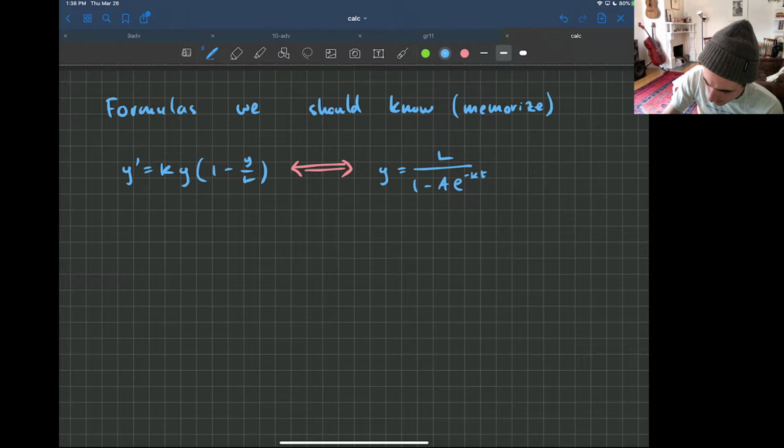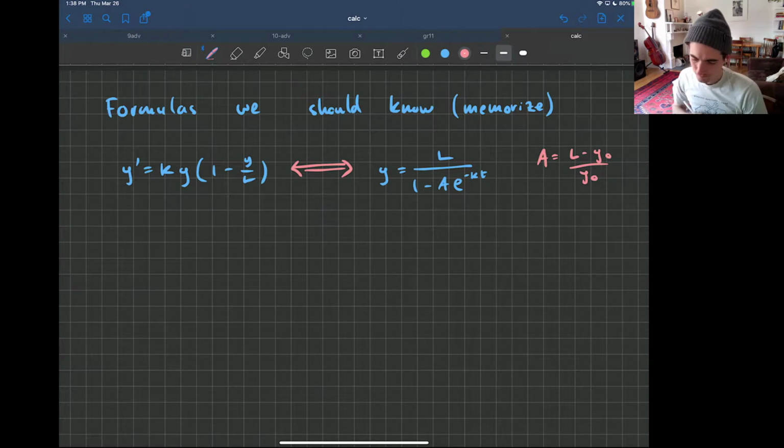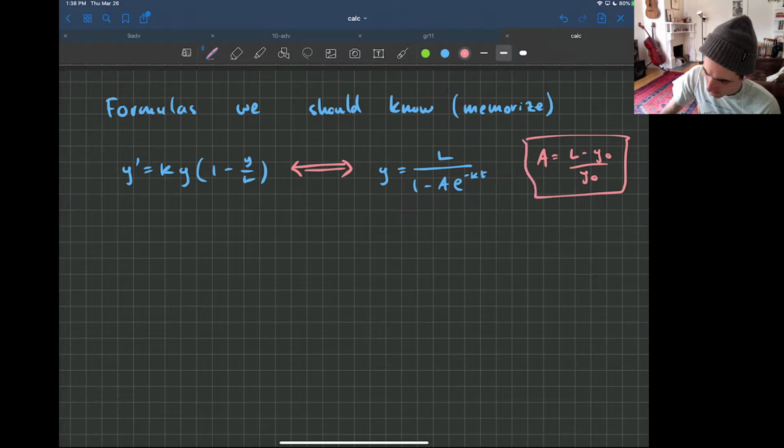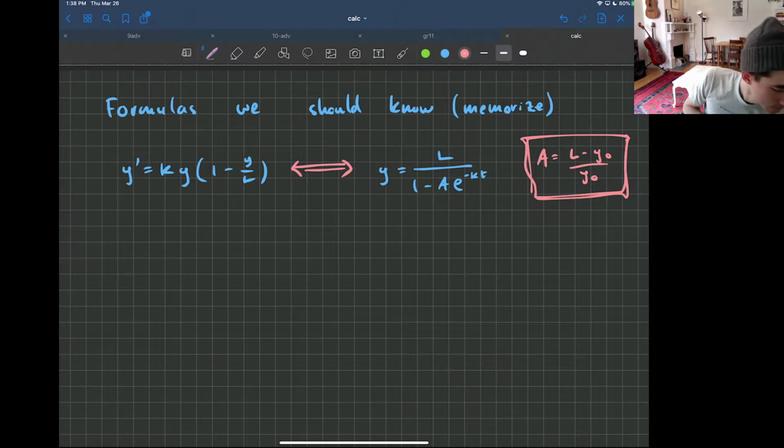And here, just on the side, we should know that a is equal to L minus y naught over y naught. And that's what a always is. This is just a constant. Good point, yes, thank you, 1 plus a.